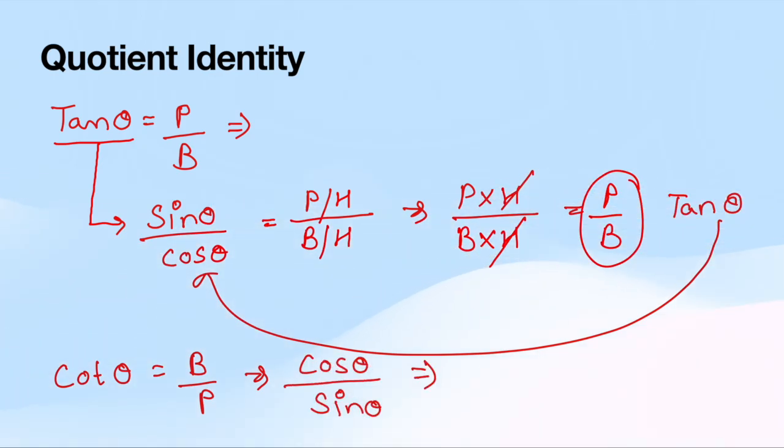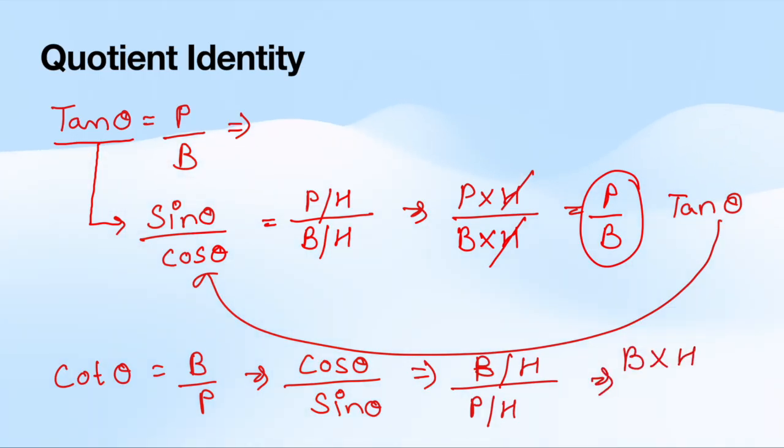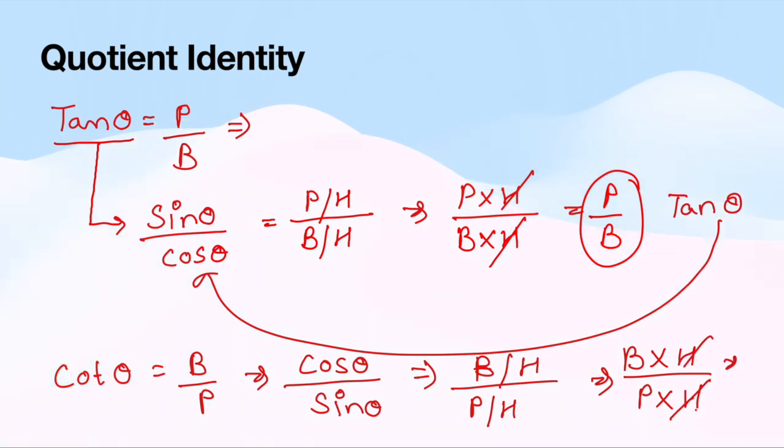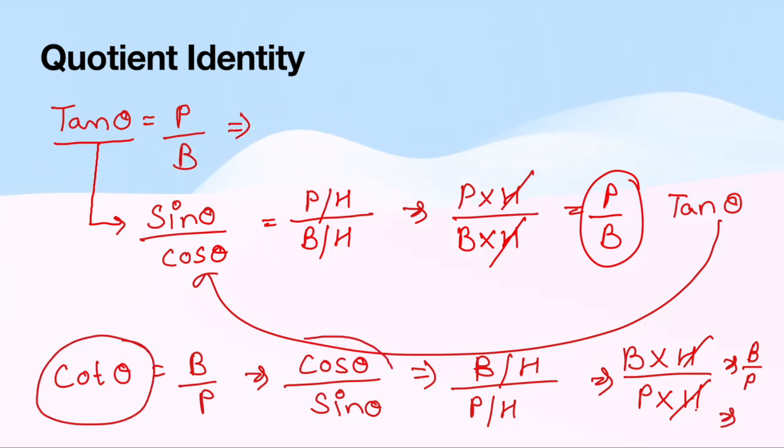Cos theta is B by H and sin theta is P by H. Now what we can do here is B into H by P into H. From here I can cancel out H and H. It will be B by P, and that will be known as cot theta. Hope it is clear. The quotient identity is also clear now.